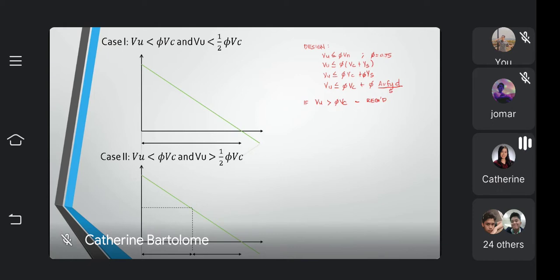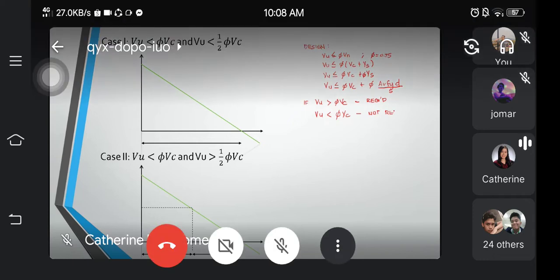Okay, so if VU, your ultimate shear, is less than the capacity of your concrete, kailangan ba natin ng stirrups or hindi? Hindi na. Kasi, bakit hindi na? Okay, so can I explain kung bakit hindi na natin kaya?